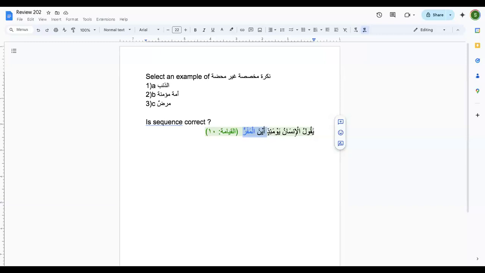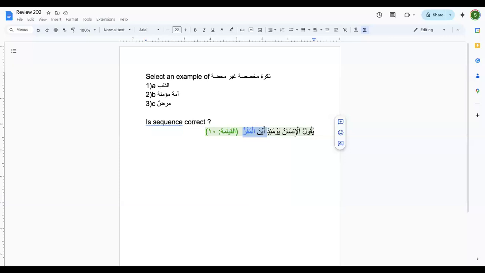Okay, so now you're saying that the sequence is correct. What do you think? Your mubtada is in the beginning. The sequence is not regular.